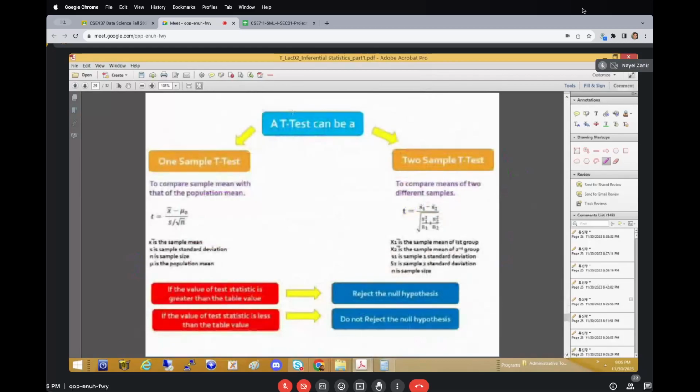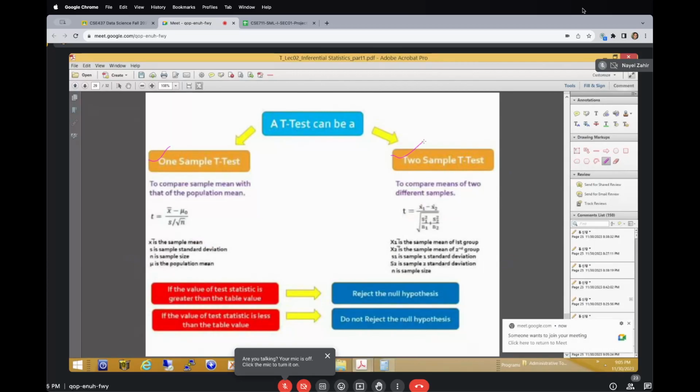Okay, now a little more about that. A t-test, or we can say a g-test, can be a one sample t-test or a two sample t-test. What does it mean?